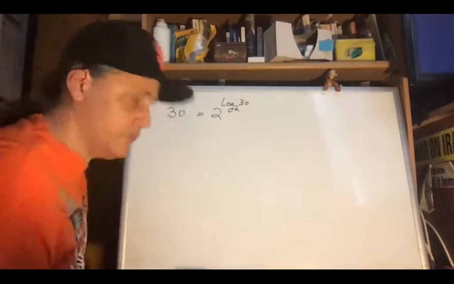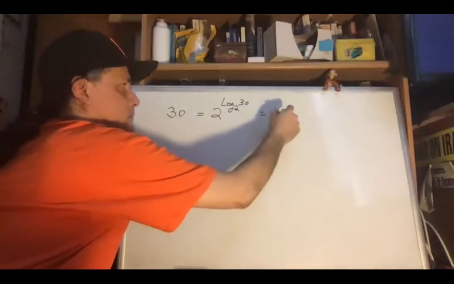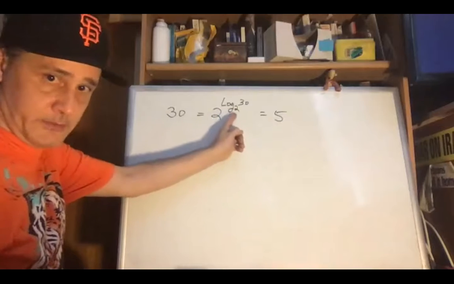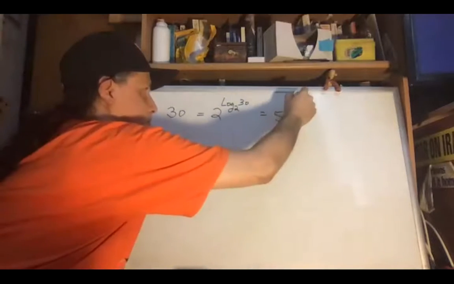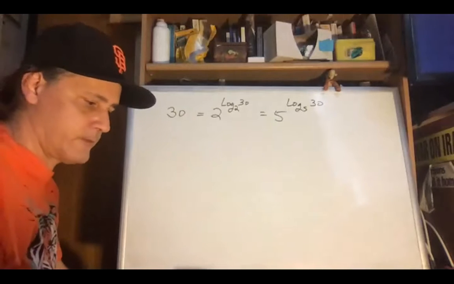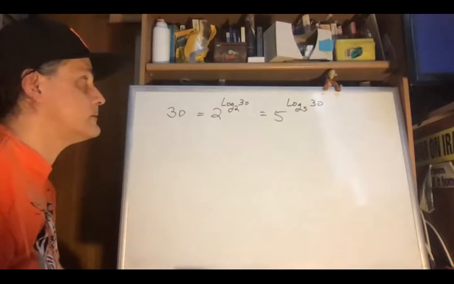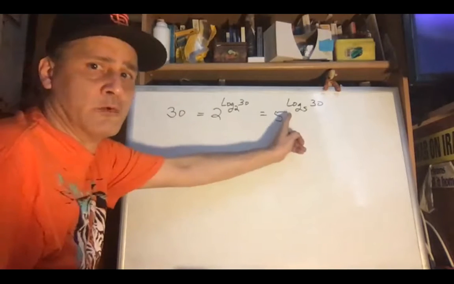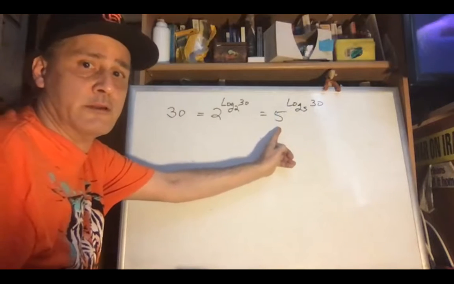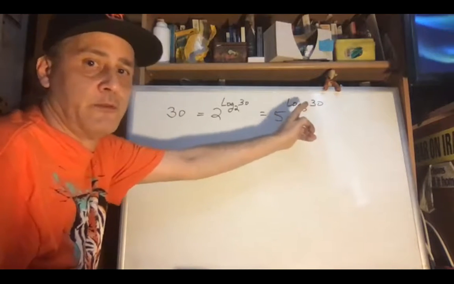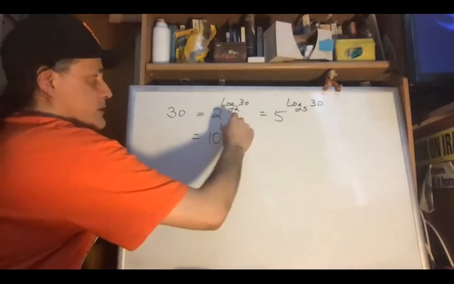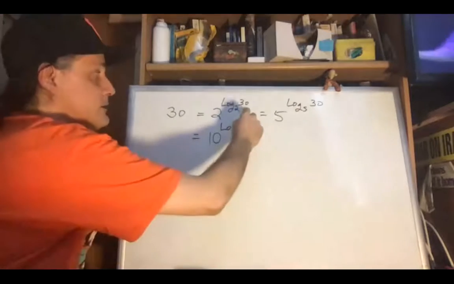Well, what if we wanted to use base 5? Okay, now we're going to need a different exponent. It's going to be based on 5. So that's what we'll have. Notice whatever logarithm you use is going to give you the exponent to the base that would be necessary to equal the value. All right, we could do this with base 10. In this case, we don't need to write the little 10 by the log.